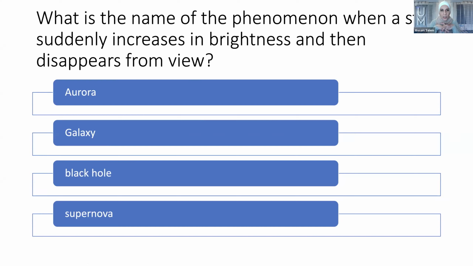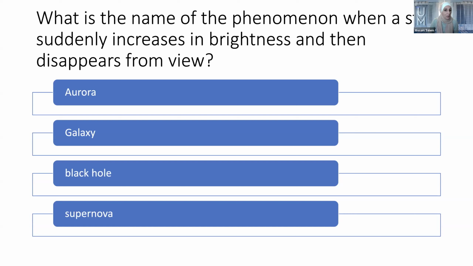What is the aurora? Do you know what an aurora is? It's a phenomenon that we see up at the poles, the North Pole. So it's not the one that we need to think of. The galaxy is really a mix of stars bundled up together.